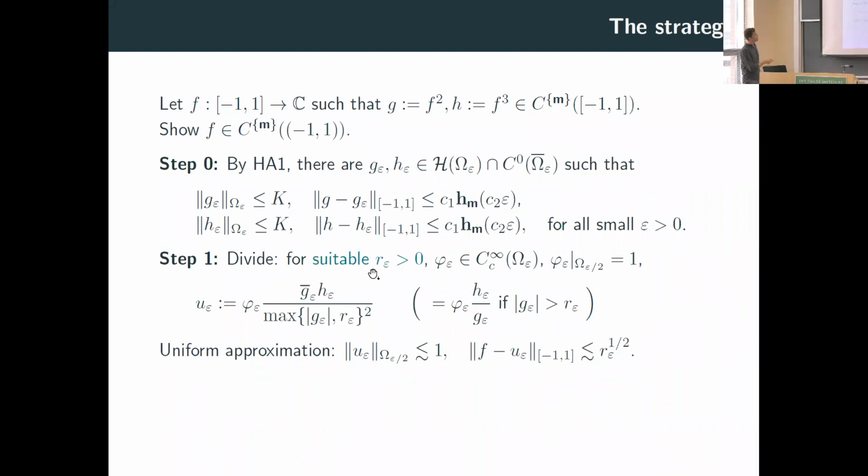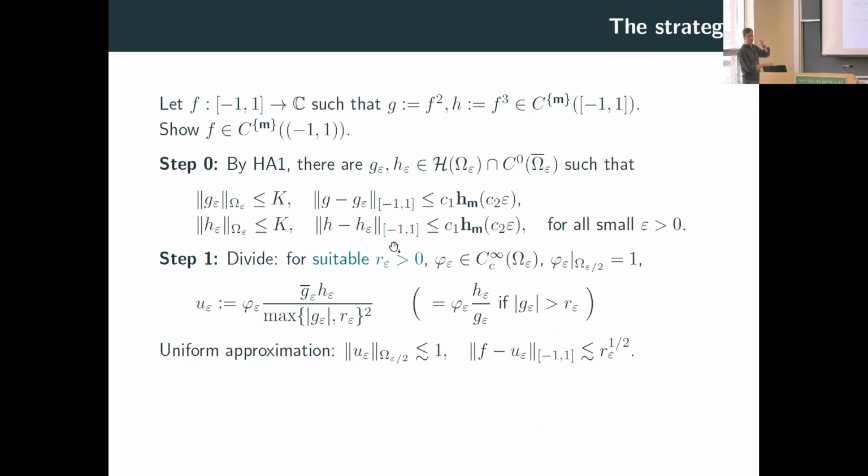Here, r epsilon is a suitable positive number, which depends on epsilon. And suitable means it has to depend in a specific way on epsilon. It actually has to involve the function h m of epsilon in some way, right? Because in the end, we want to have such estimates, and on the right-hand side here, we need h m appearing.